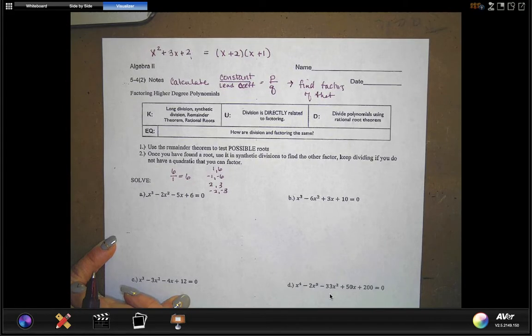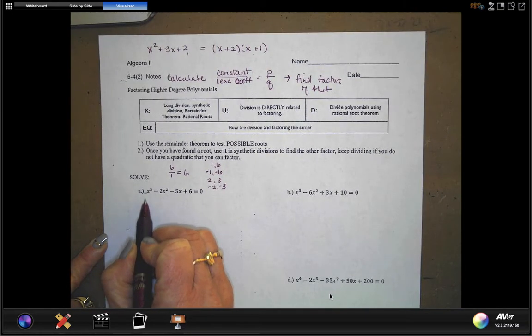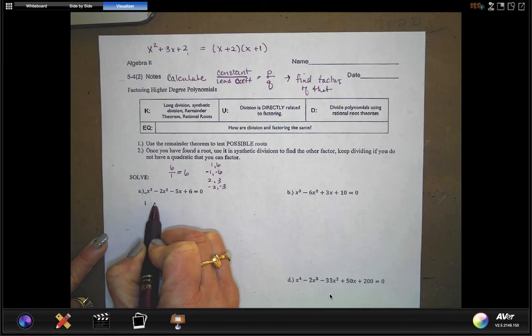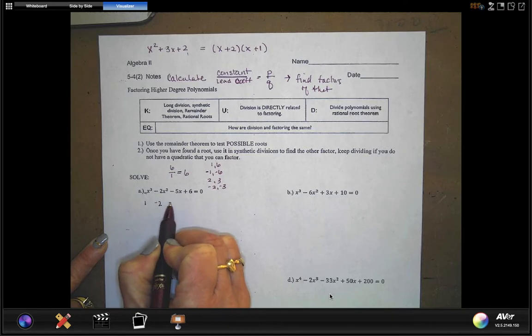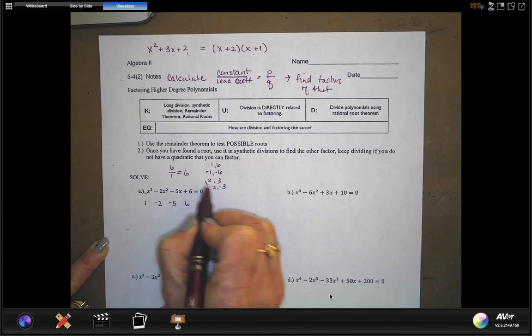And then unfortunately we just have to take one and see if it works or not. So using synthetic division, I'd have 1 as this coefficient, negative 2 here, negative 5, and 6. And let's say I start with trying 2.